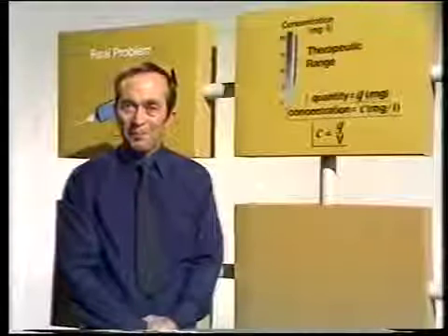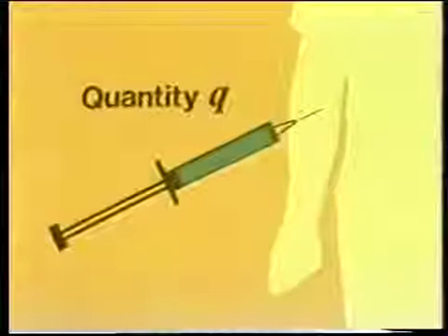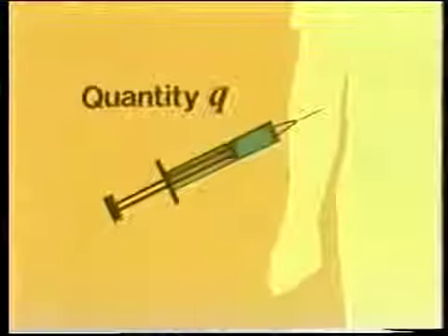The way I'd determine the apparent volume of distribution in an individual patient would be to inject a known quantity of drug into that patient's bloodstream, and then to measure the plasma concentrations at certain times after having given the drug. I would inject the drug into a vein in the patient's arm, inject it slowly, and then wait maybe 5 or 10 minutes to allow the drug to equilibrate throughout the blood and to start distributing into the tissues.